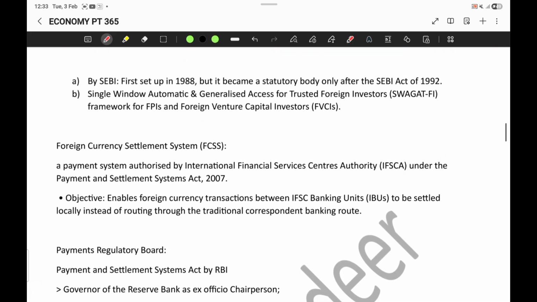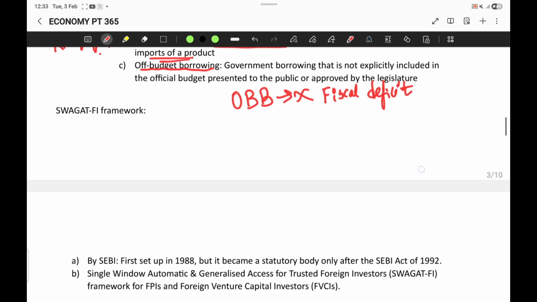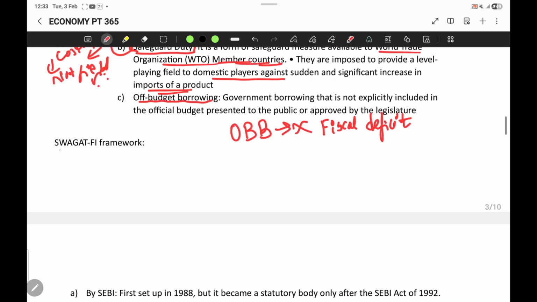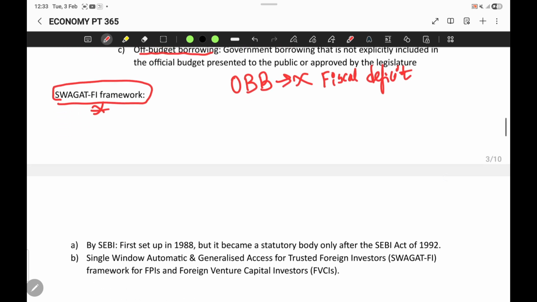SEBI was first set up in 1988, but it became a statutory body only after the SEBI Act 1992. So we are speaking about the Swagat FI framework, recently seen in the news. Which body? It is by SEBI.